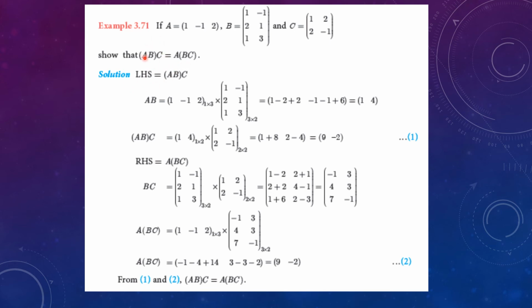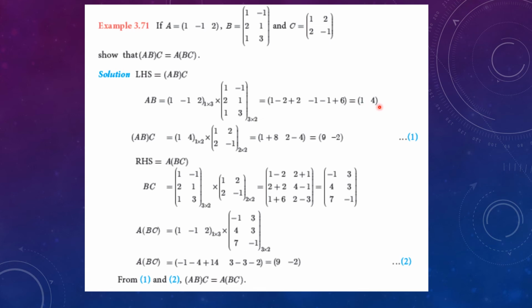First you have to take the left hand side, (AB) into C. For that, within the brackets AB, you have to multiply A and B. With that order, 3, here also 3, so AB is defined. Then you have to do the calculations to find the AB value. The answer must be a 1 cross 2 matrix.